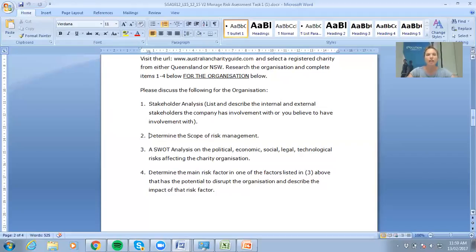Okay, so if I was to think of the charity, the RSPCA, a strength of theirs in terms of political could be that they have a really good association with a governing funding body. They might have a really good relationship with the Australian government, enabling them to receive a lot of funding from the government to support the work that they do.